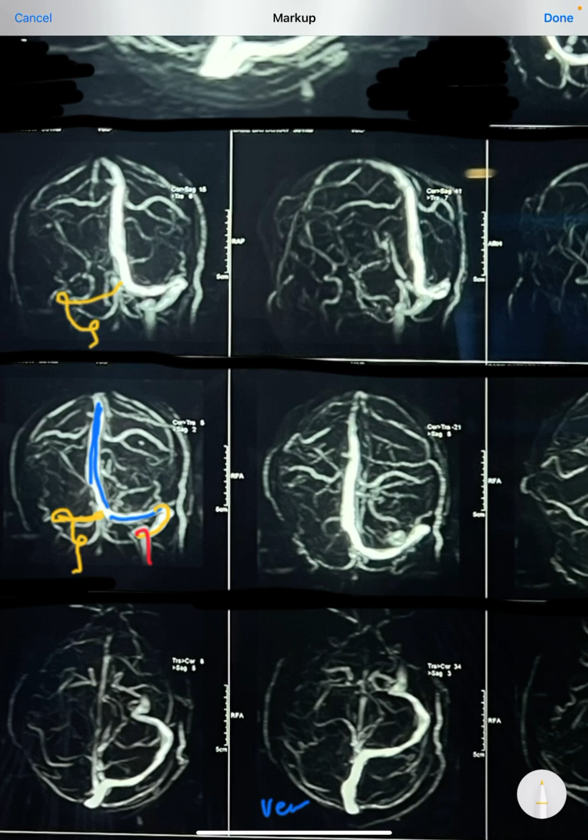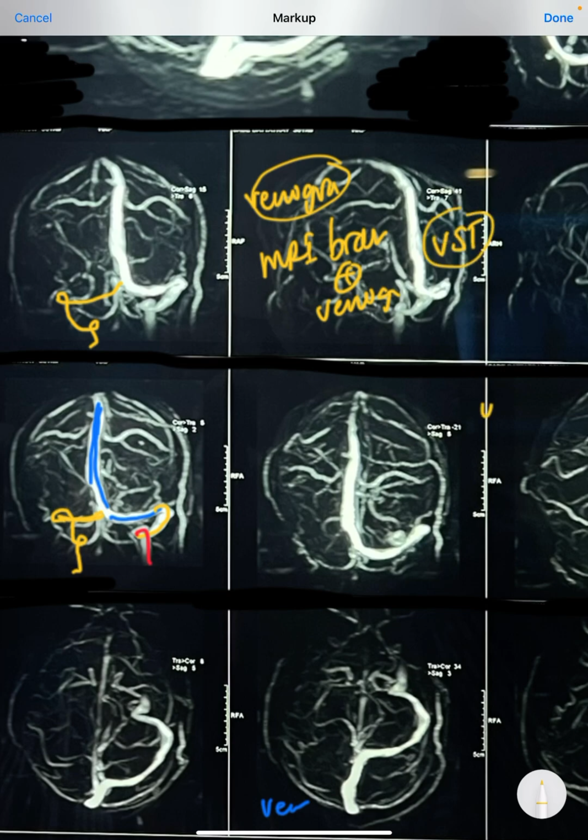The first and most important thing is that whenever we do a venogram, we don't do only a venogram. We always do MRI brain along with it whenever we suspect venous sinus thrombosis. We suspect it in any young patient especially, or any patient presenting with headache, convulsion, or altered mental status.